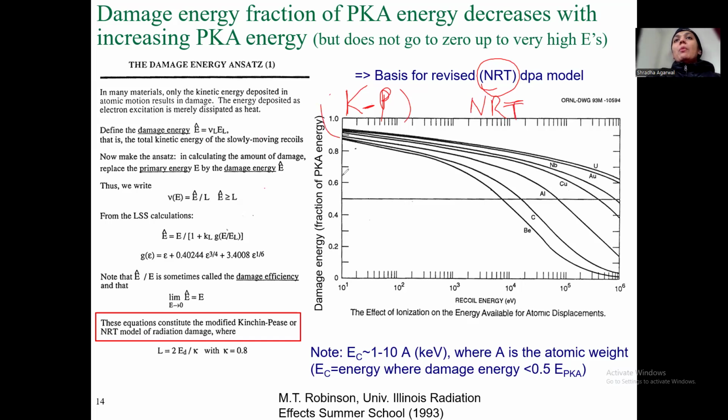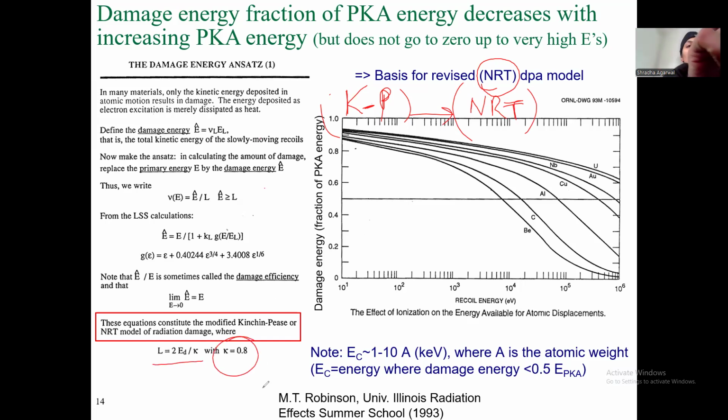So they made the model more sophisticated. From Kinchin-Peace, you go to the next model, and this should be very much clear: the NRT model and the Kinchin-Peace model. These are the models for atomic displacements. So here, it changed this thing. It introduced something called 0.8.